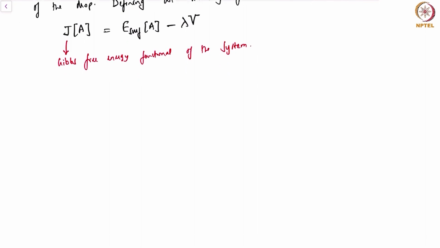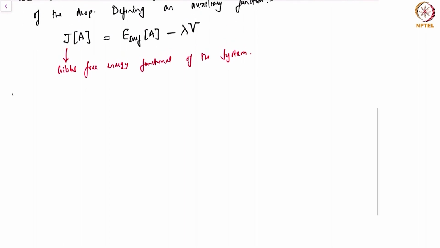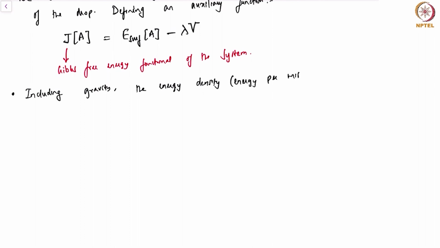Now we want to include gravity as well. Include gravity, the energy density. Energy density is nothing but energy per unit volume of the gravitational energy.